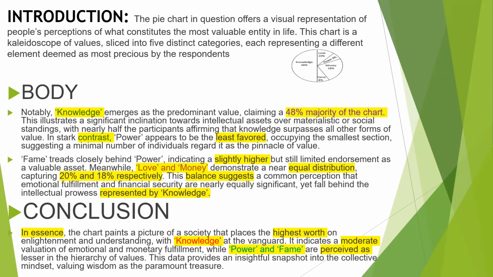So first, second, third places you have given it, while power and fame are perceived as lesser in the hierarchy of values. So you are explaining the total of whatever the chart is representing. This data provides an insightful snapshot into the collective mindset, valuing wisdom as a paramount treasure.